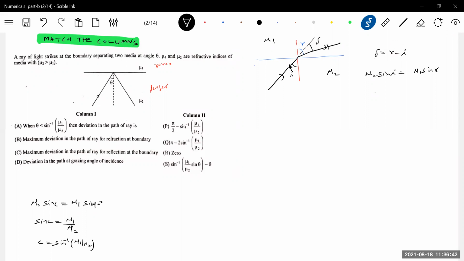Yes. This theta is the angle of incidence given to us. R minus theta. So R is what we are going to replace here. R will be sine inverse of mu2 by mu1 sin theta, minus theta.